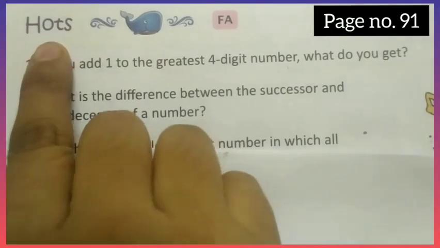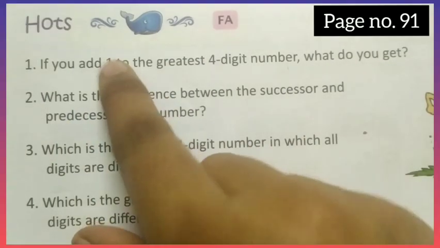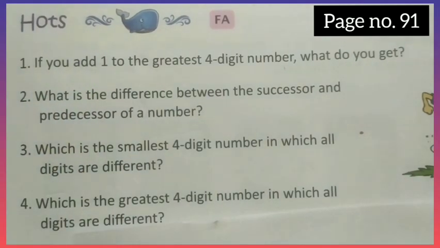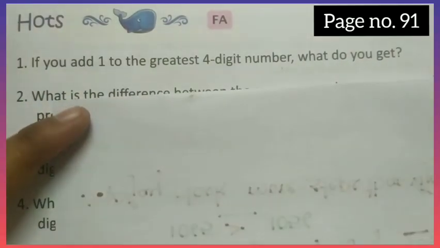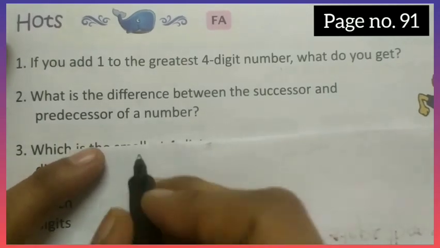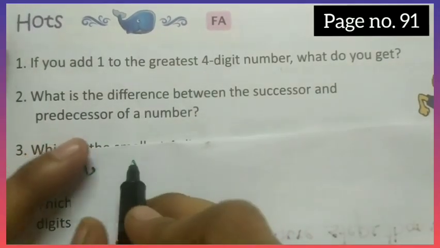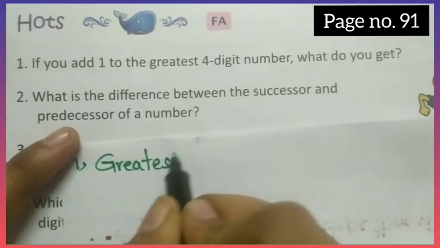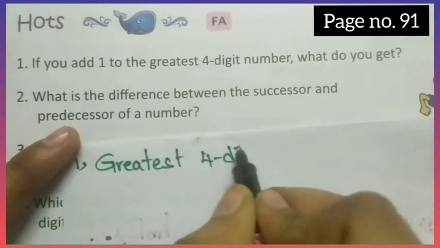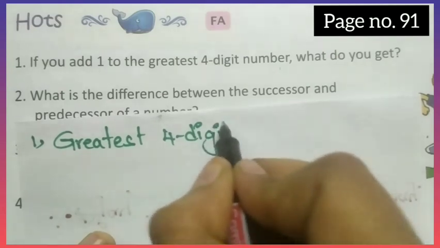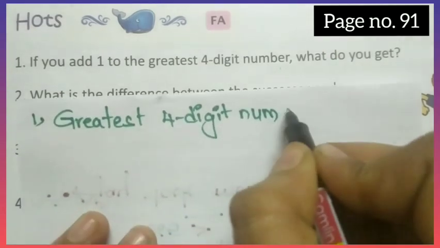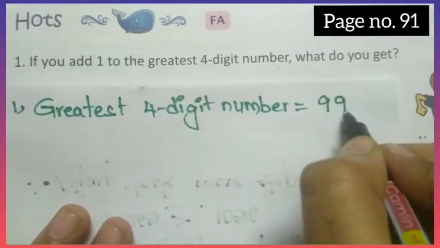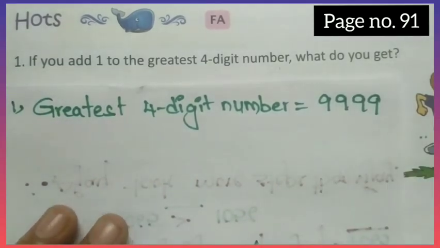Next, Bit hordes. Here 4 questions are given. If you add 1 to the greatest 4-digit number, what do you get? Let's see. What is the greatest 4-digit number? 9999.